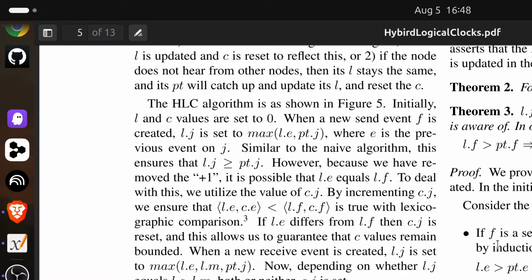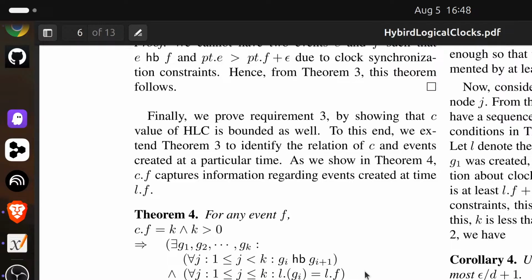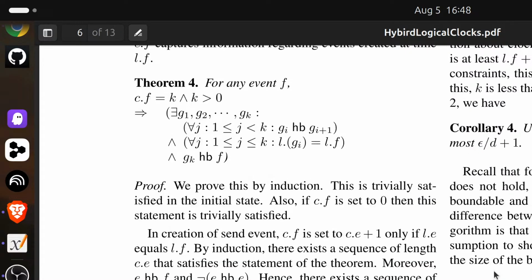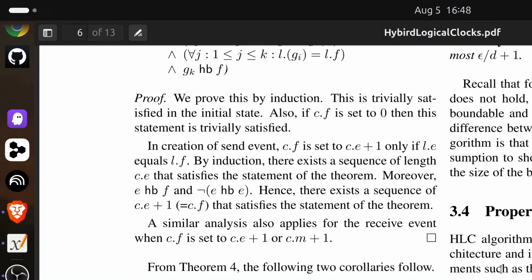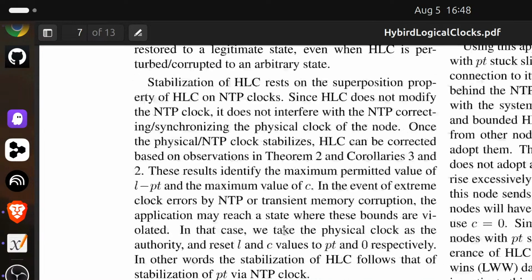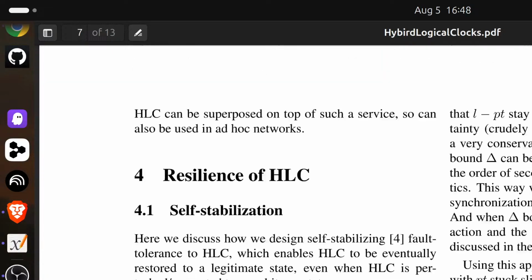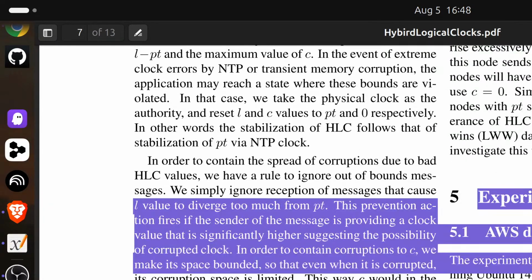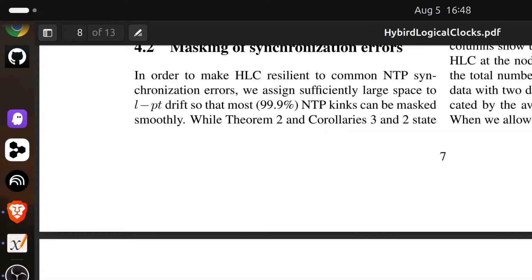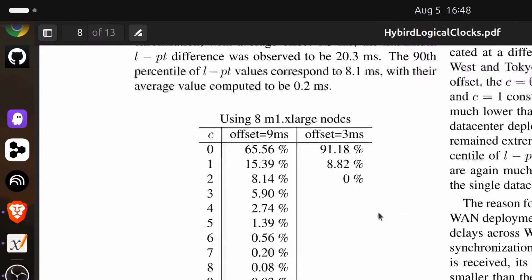Then some theorems they have, a corollary, theorem 4, properties of HLC. Then resilience, self-stabilization, masking of synchronization errors, experiments, AWS deployment results. So they have done some experiments, and these are the numbers also.